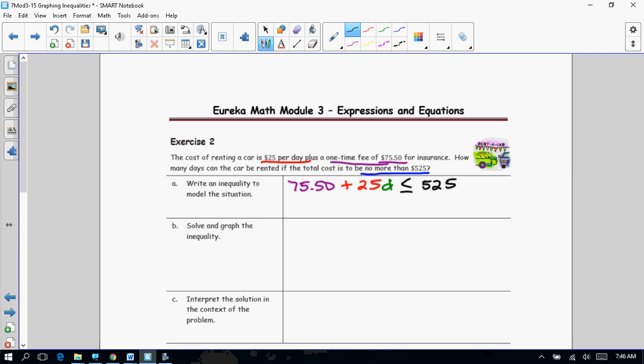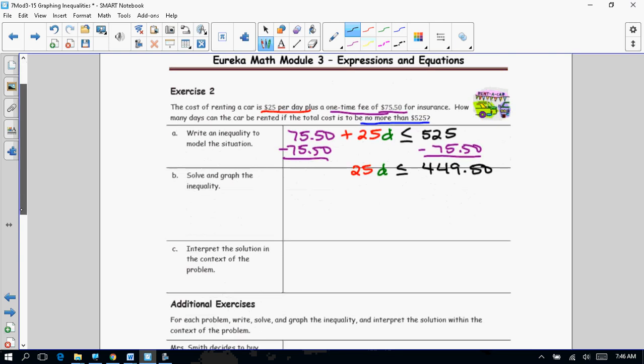And so now let's go ahead and solve it and we'll graph it. I'm just going to work from here. So I'm going to subtract $75.50 from both sides. And you guys can grab your calculator if you need to be able to solve this. So 25D is less than or equal to 525 minus 75.50, which is $449.50.